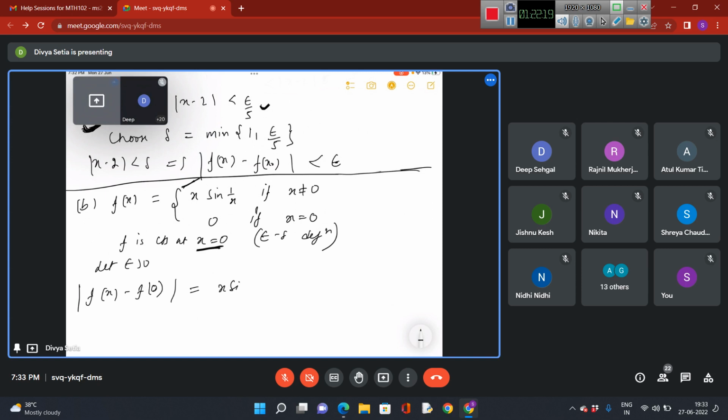This is mod of x sine 1 by x. Now what? You have mod x and sine 1 by x. How can I remove this extra part which is dependent on x?